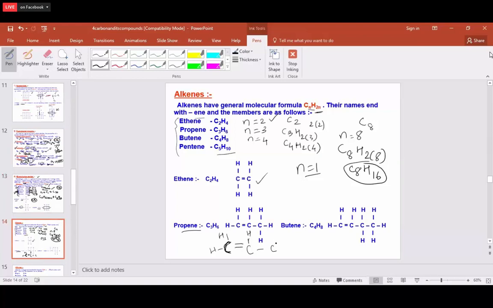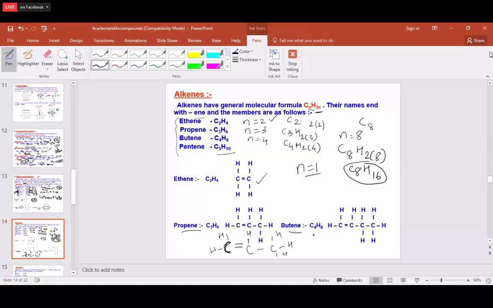This carbon atom has 1 bond here and 3 bonds with the other hydrogen atoms. We have to be very careful while placing the hydrogen atoms, and be sure that the carbon atoms have only 4 bonds at a time. That we have to confirm.